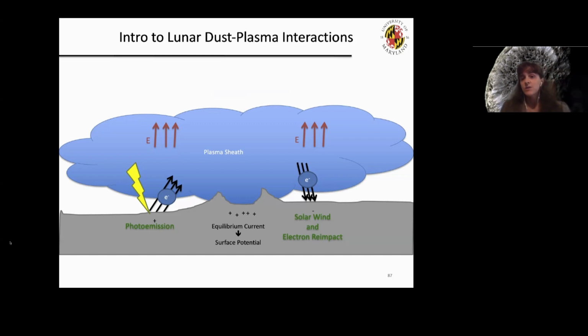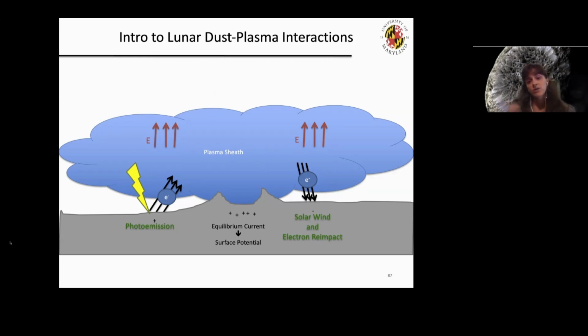Next. All right, so we have this net positive charge surface in a plasma. It's going to attract electrons from the bulk solar wind plasma. So we have a region above the surface of the body that is called the plasma sheath. And this is a region where the electron density is greater than the ion density. Essentially, the plasma is shielding out that charge on the surface.